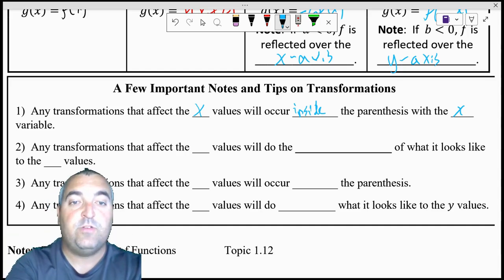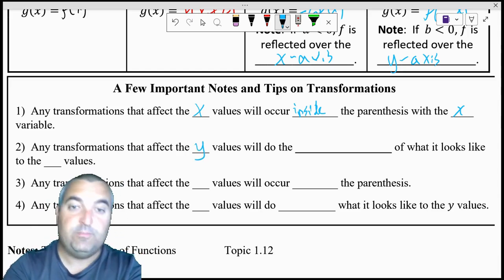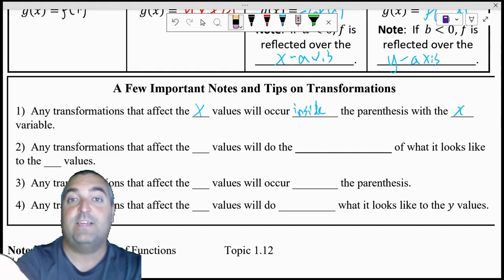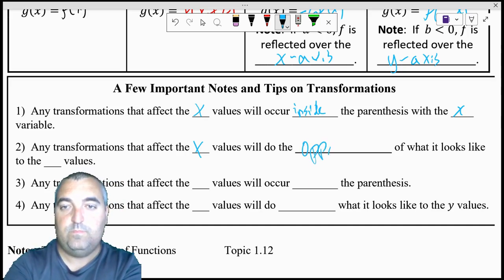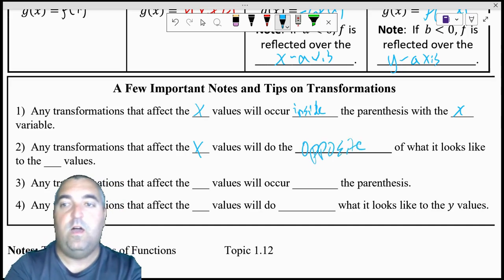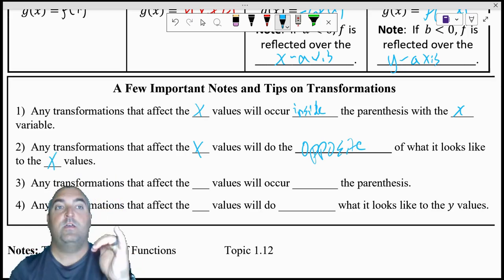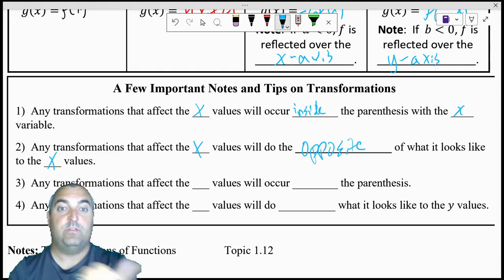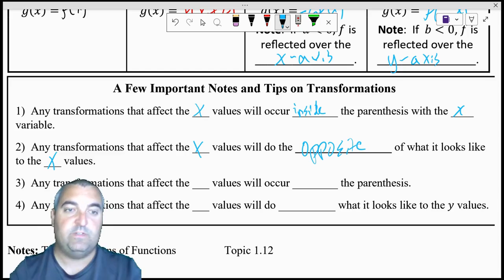Any transformations that affect the x values will do the opposite of what it looks like to the x values. So we saw adding made it go to the left, subtracting made it go to the right, and multiplying was the reciprocal. So it's like we're dividing.